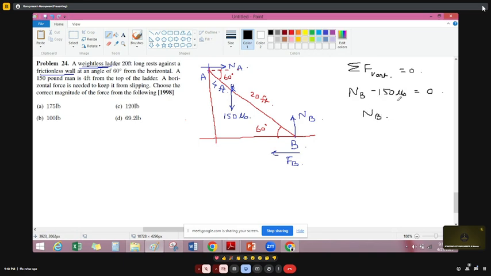Usually, you have to multiply mass by gravity. In the exam, you don't have to write all these things; only for your understanding I'm writing it. You could have directly said this is equal to this because there is no other force in the vertical direction. Similarly, NA and FB should be equal.